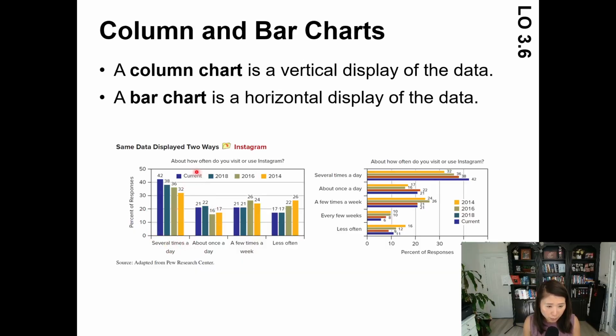For instance, here we look at how often you visit or use Instagram. We have several times a day, about once a day. These two categories are not next to each other in a continuous sense; they are two individual, independent classes. So we intentionally keep the gaps when creating a bar chart.